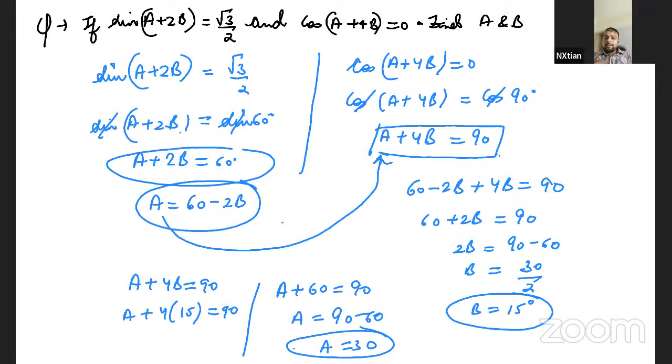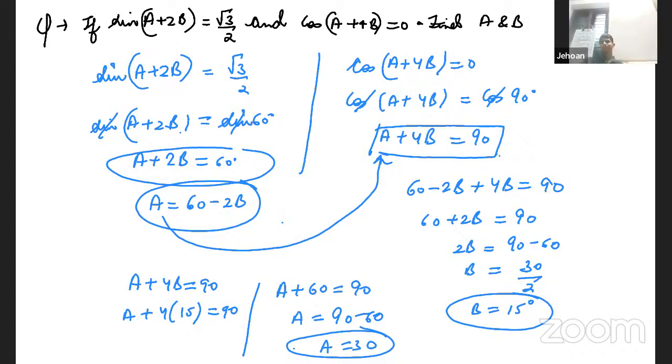We learned now root 3 by 2. When will root 3 by 2 come in the sine table? I'll have to check the identity, one second. Jehoan, did you understand, beta?